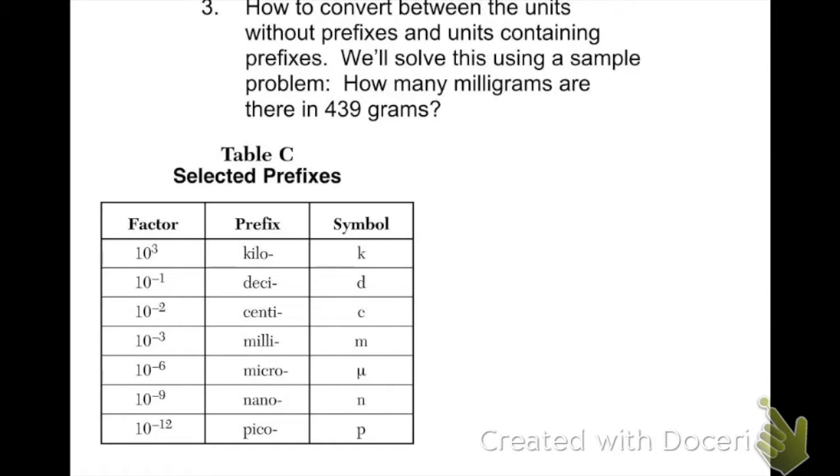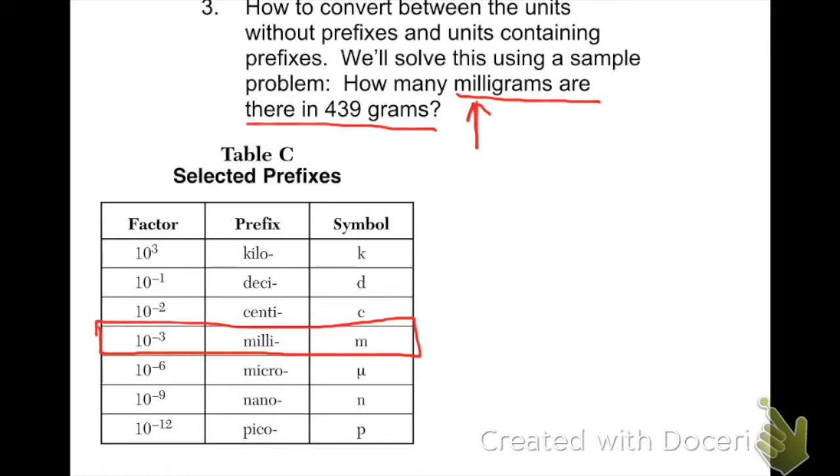Now many of you probably know how to do this, but as our conversions are going to get a little trickier, I want to make sure that you know the process. So the first thing that you want to do is identify what prefix you're working with. So we're working with milli, which means, hey, on reference table C, we're going to be using that particular conversion.